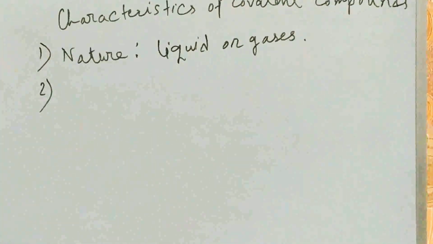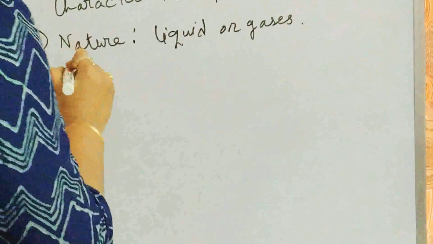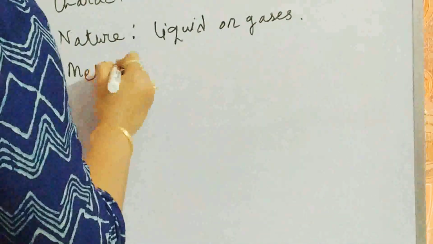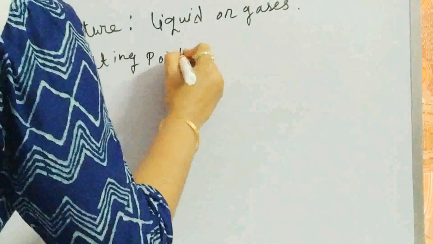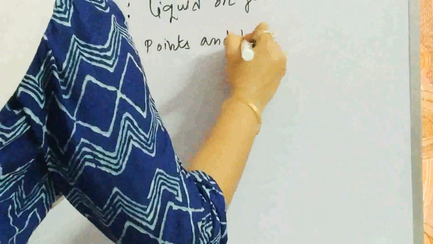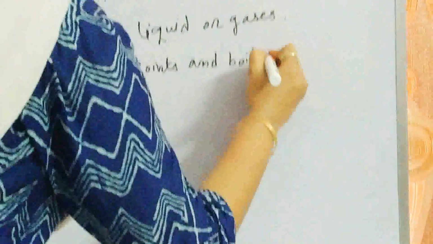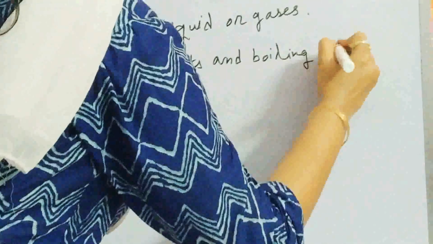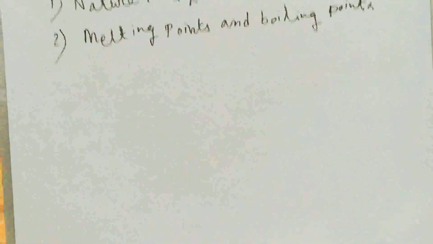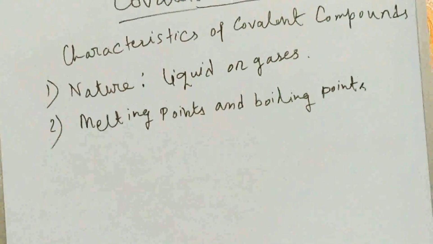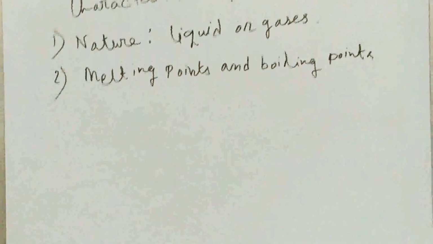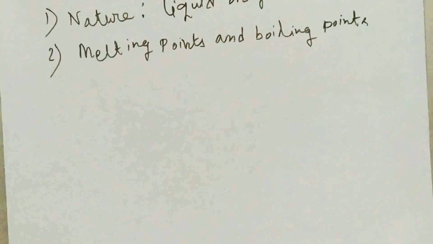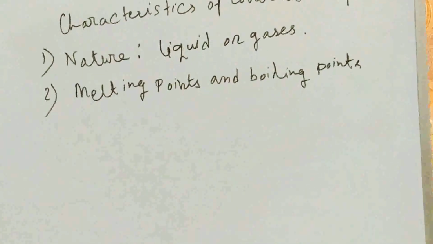Number 2, melting points and boiling points. One thing you should know: in the case of electrovalent bonds, the bond strength is very high. The bond is very strong. But covalent bonds are not very strong.